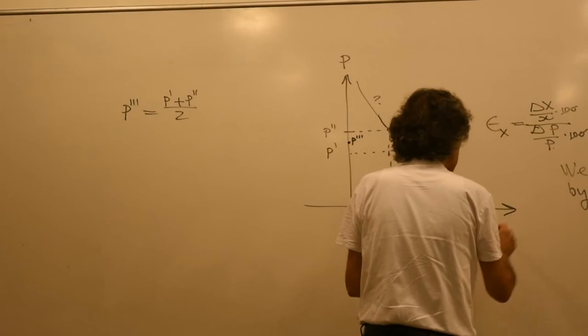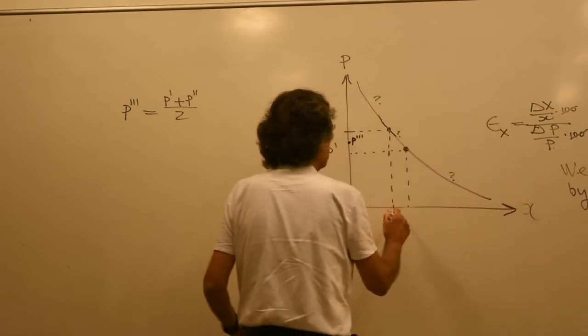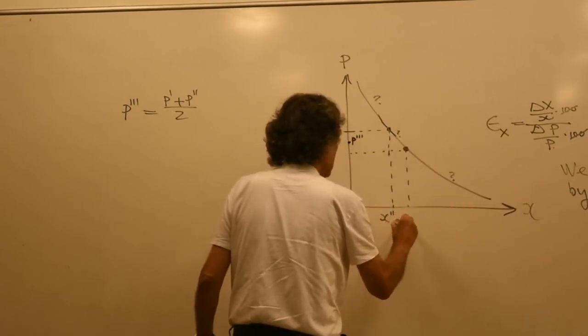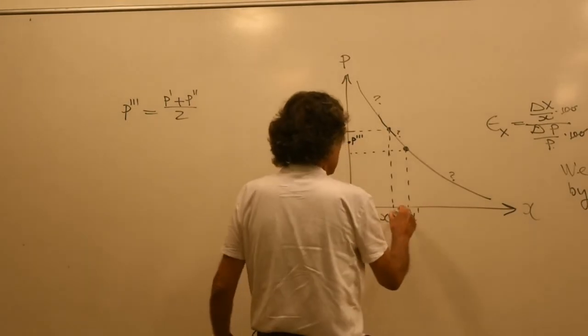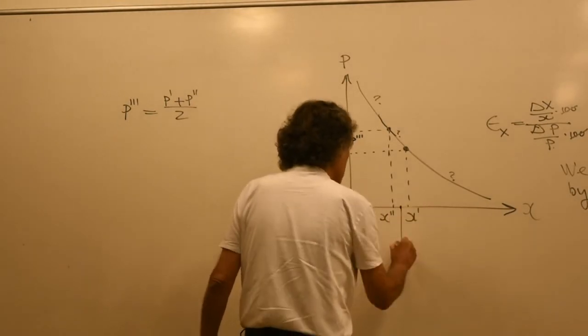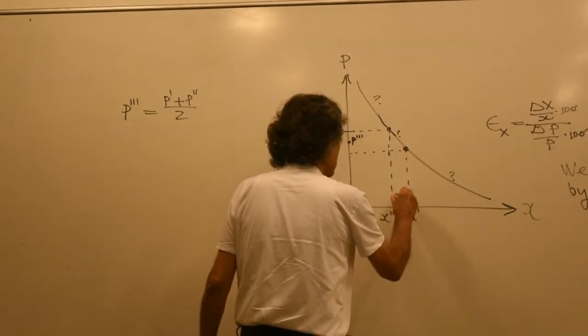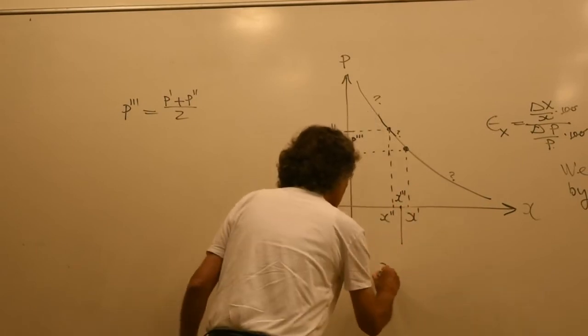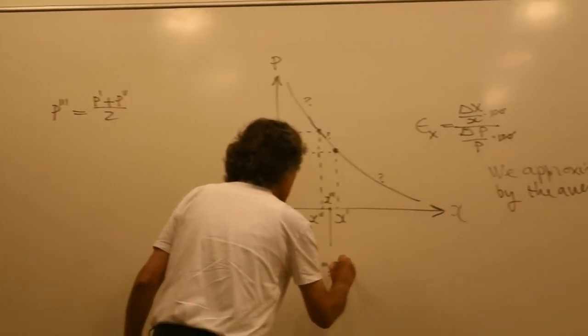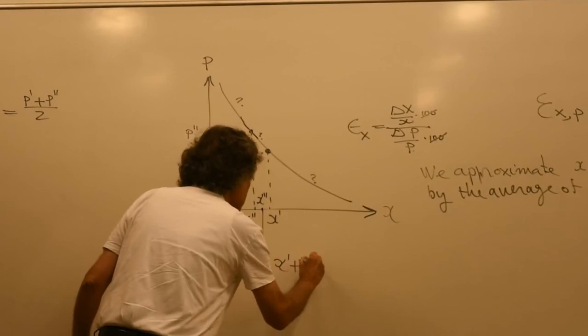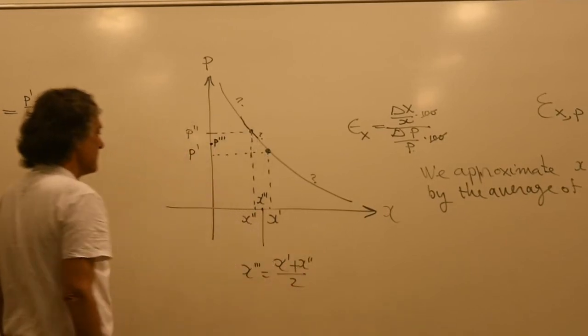If this is x prime and this is x double prime, then this point will be x triple prime, and x triple prime will be x prime plus x double prime over 2.